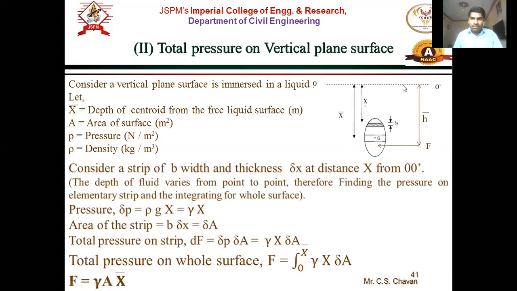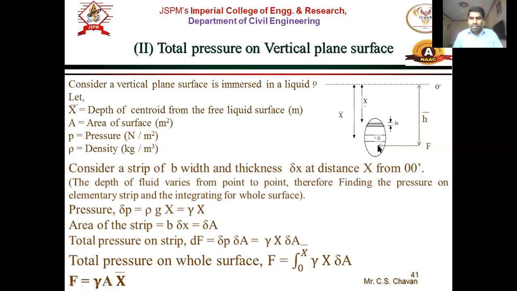Then secondly, we have to find out at what depth this total pressure will be acting, right? Now for this we have to take the moment with respect to this axis O dash, right? So F is the total pressure, it is at distance h bar. So what will be the moment of this?